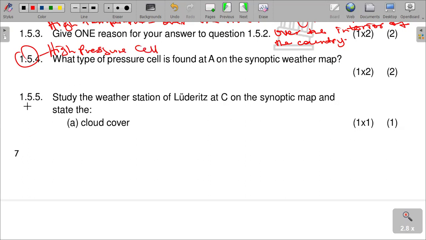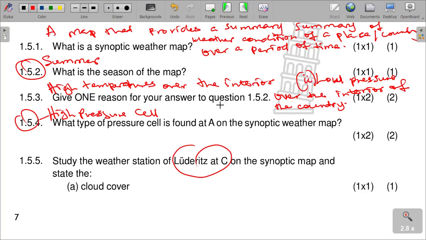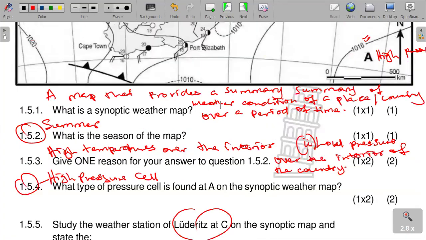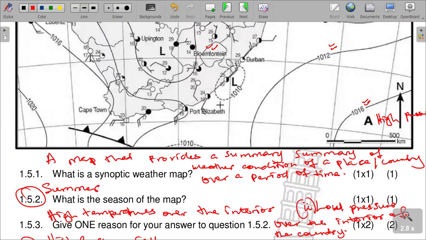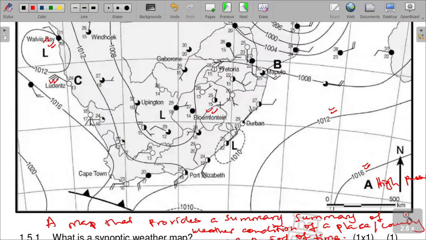Then 1.5: at C on the synoptic weather map, state the cloud cover at this place. I'm sure we can see where C is.